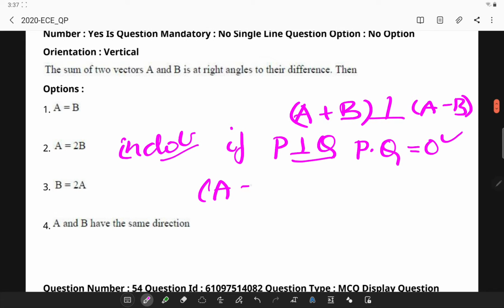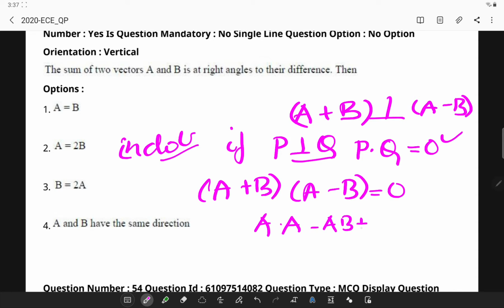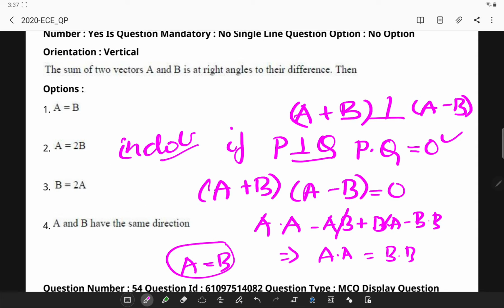So here I can simply write (A plus B) dot (A minus B) is equal to 0, or A dot A minus B dot B, since the cross terms get cancelled. A dot A is equal to B dot B, or A is equal to B.